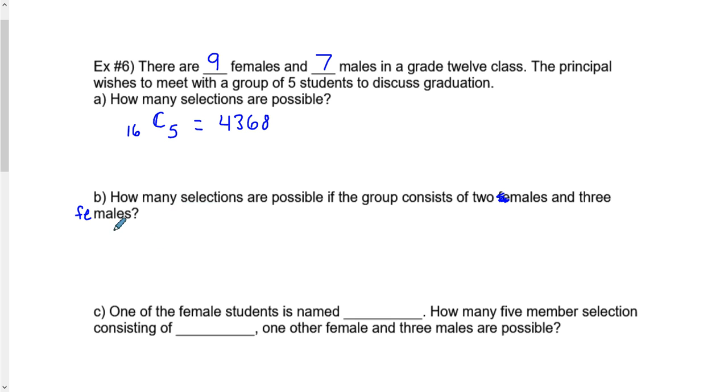So 2 males and 3 females, especially because we have more females, so you want to have some kind of representative. 2 males means 7C2. 3 females means 9C3. 7C2 is 21. And 9C3 is 84. So 21 times 84 is 1,764.